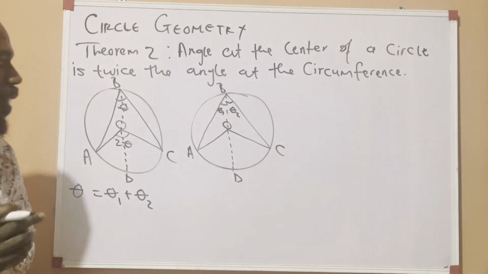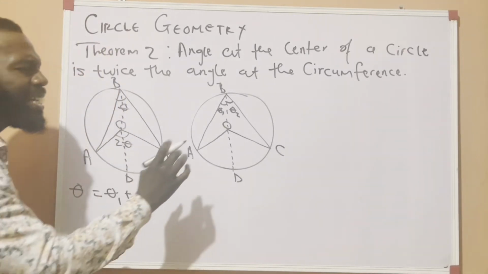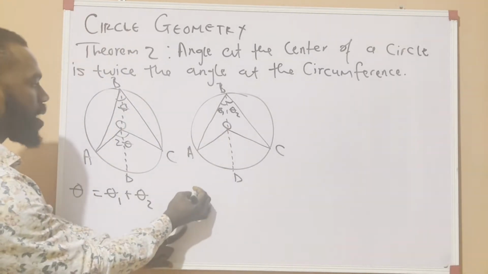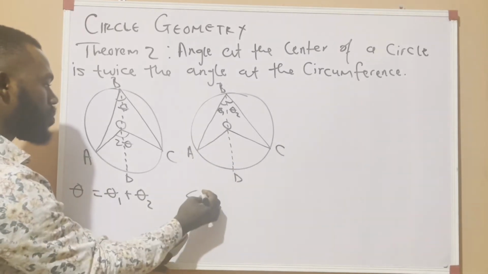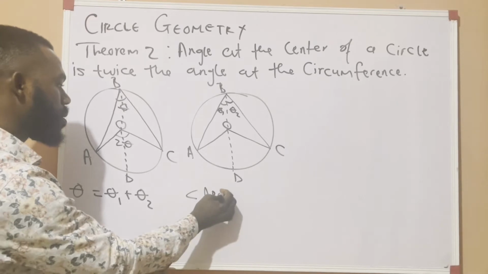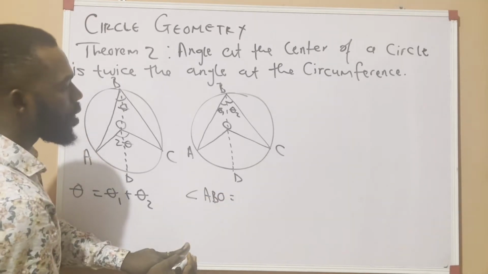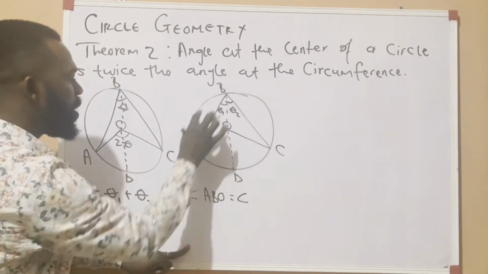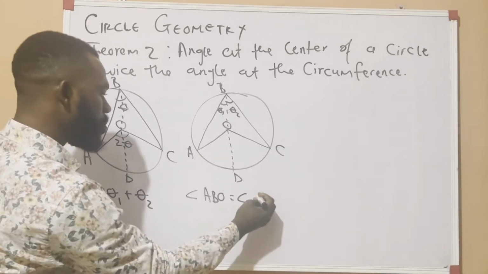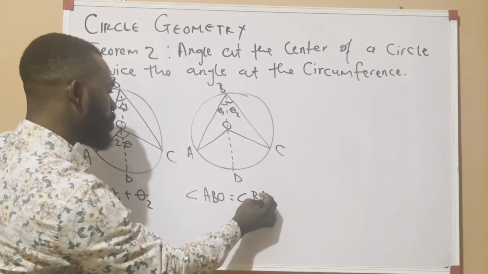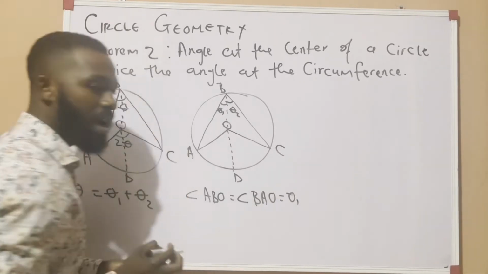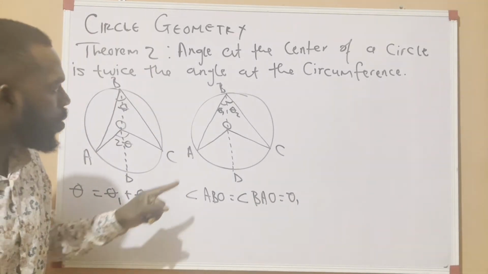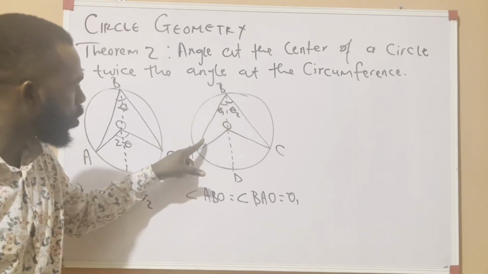Okay, let's proceed. Now, you would know that in this diagram, angle ABO is equal to angle BAO, which is theta 1. Now, how come the angle here is equal to the angle here?